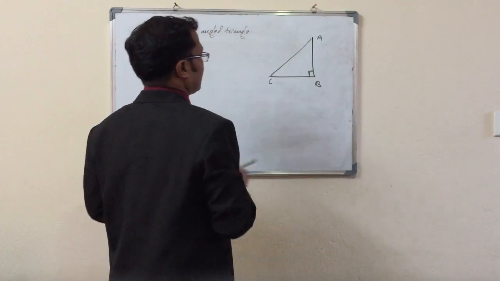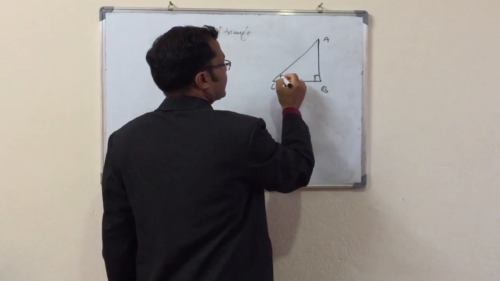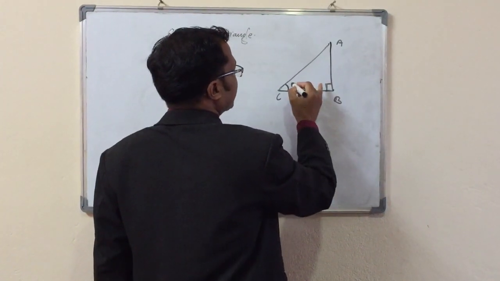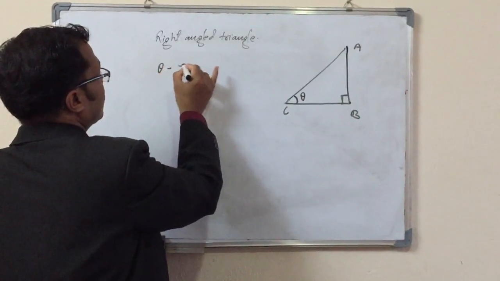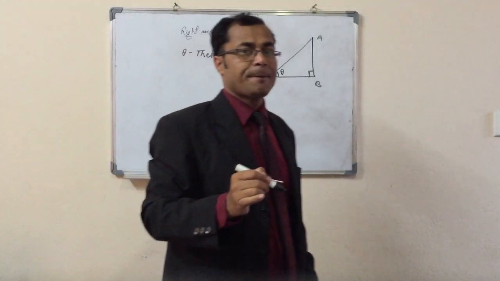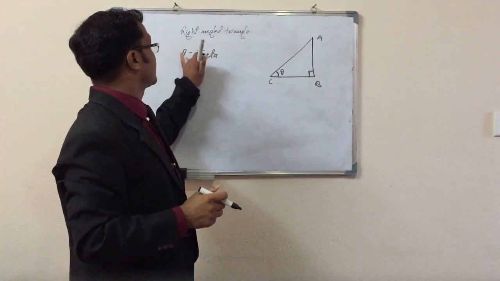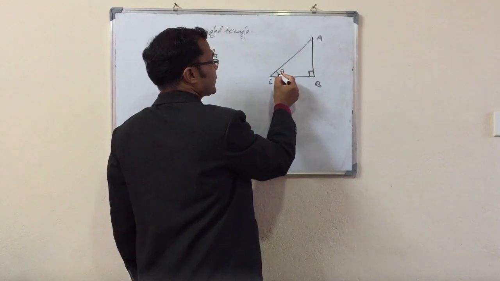Let's take this angle as a reference angle. Since none of the angles are given, let's take theta. Theta is a Greek letter, and if we don't know the value of an angle, we just use this term to represent that angle. Let's suppose this is theta.